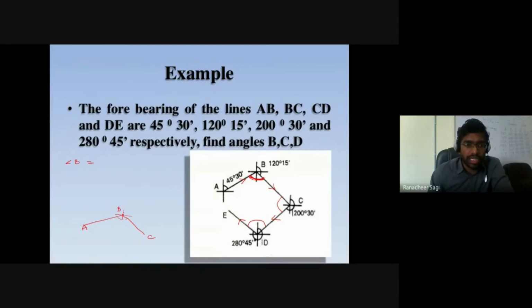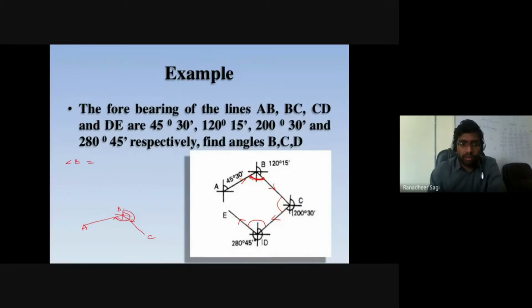That angle is the angle your AB line is making at station B, and the angle your BC line is making at station B. If I know that, then I subtract the angle your BC line makes from the angle your AB line makes, and accordingly I get the included angle at point B.